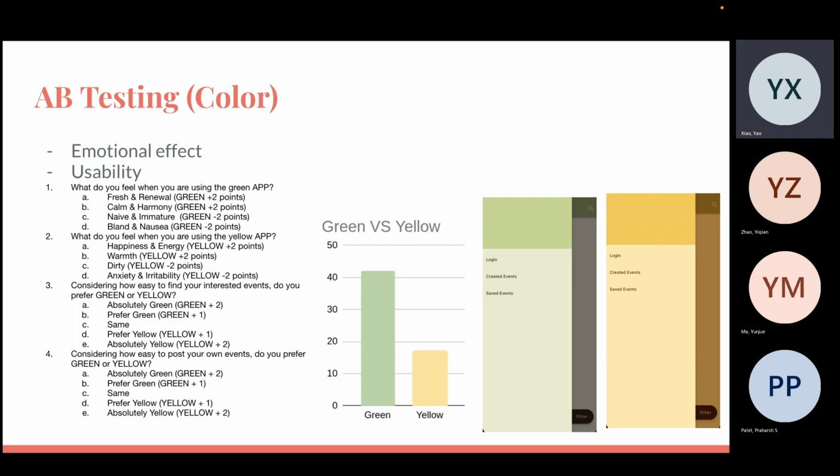We designed this kind of questions as we demonstrated on the slides, you may check it, and you can also check the bar graph here. Finally, the score of green dominates the number of yellow. As you can see, more people prefer to use the green. So we finally choose green as our major color.